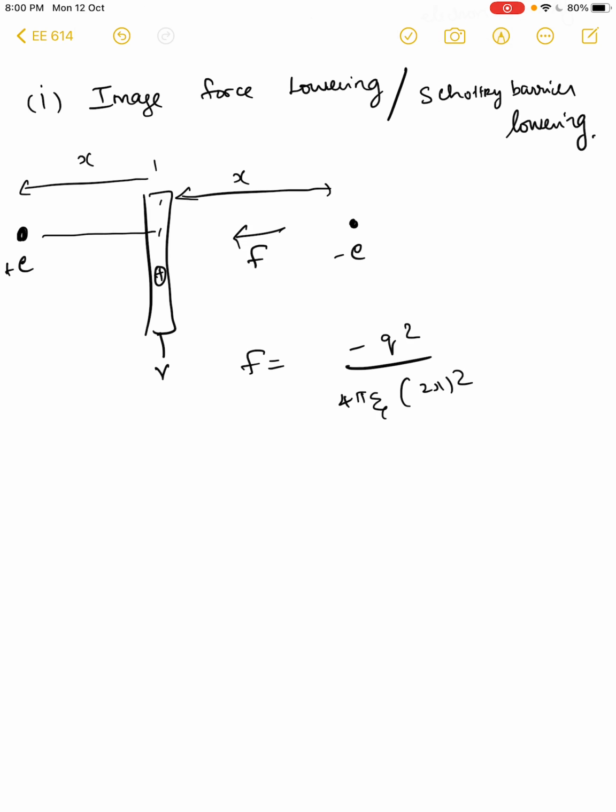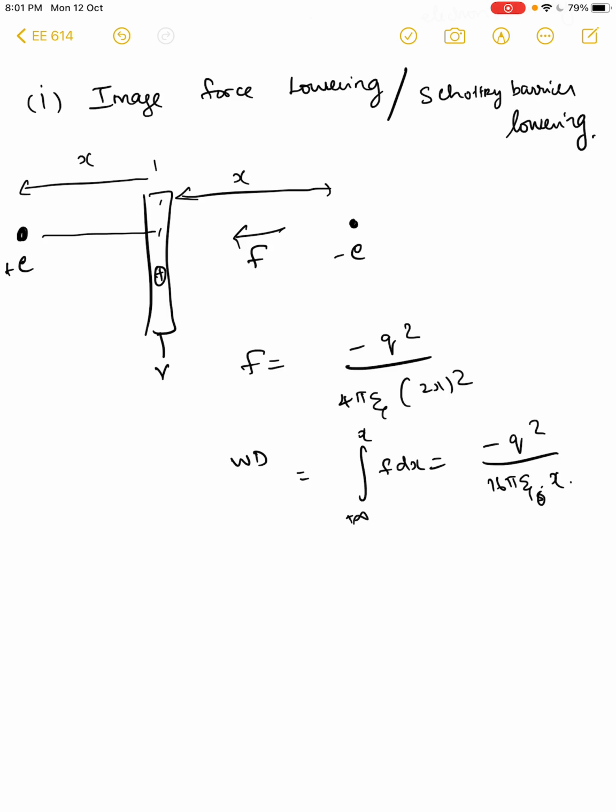And the work done in moving this negative charge from infinity to x is integral of F dx, which will turn out to be minus q square by 16 pi epsilon naught x, right? So till now we have been talking about an electron moving in vacuum close to the metallic sheet.